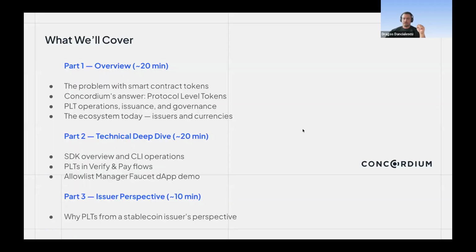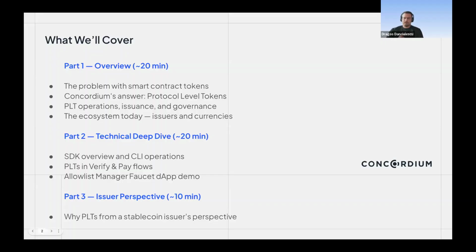Now, what we're going to cover today, for part 1, I'll be doing a bit of an overview. We'll talk about the problem with smart contract tokens as we see it, Concordium's answer, PLT operations, issuance and governance, and the ecosystem today, so issuers and currencies. For part 2, we will be doing a technical deep dive.